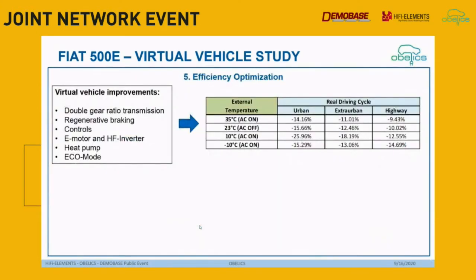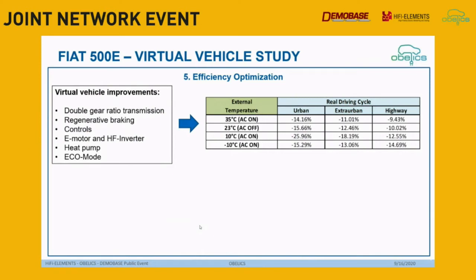Once the model was validated, we proceeded with the optimization of the vehicle in order to improve efficiency. Listed on the left are some of the improvements that we analyzed: the insertion of a double gear ratio transmission, regenerative braking improvement, controls optimization, newer e-motor inverter technology, a heat pump for the air conditioning system, and an eco-mode for cabin ventilation.